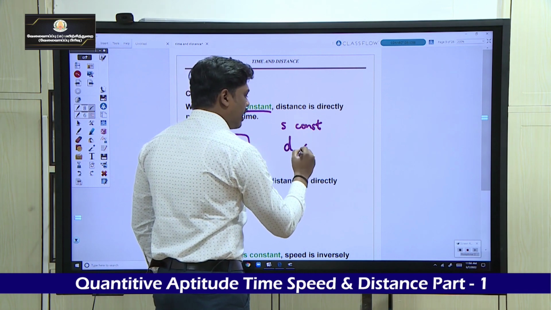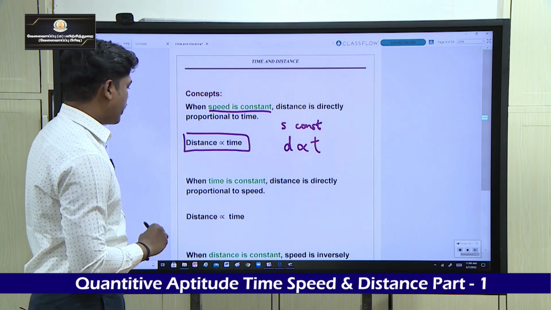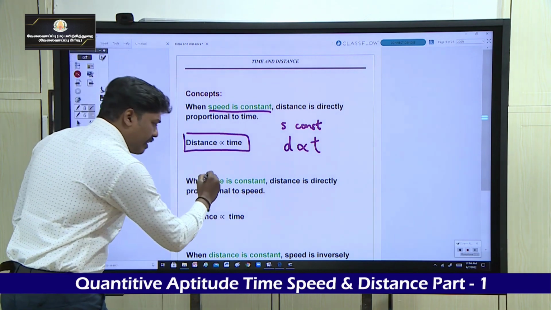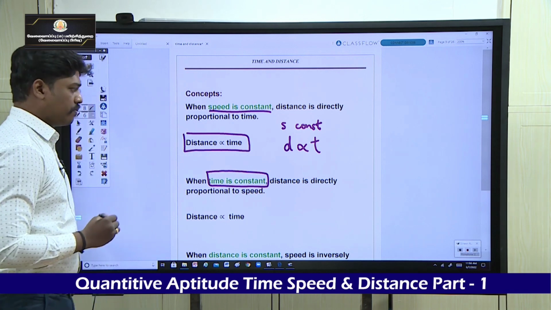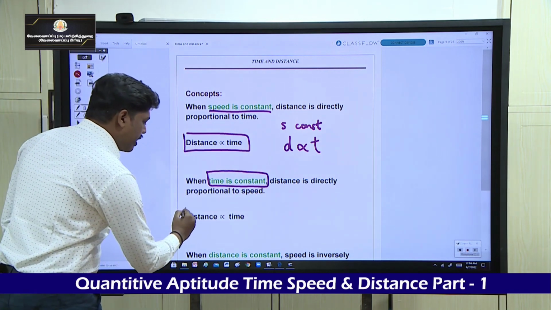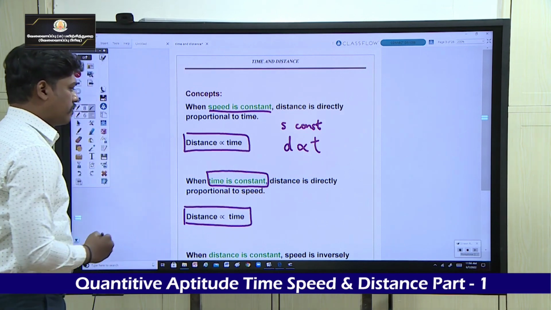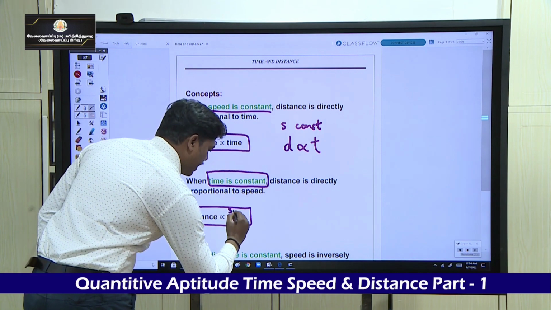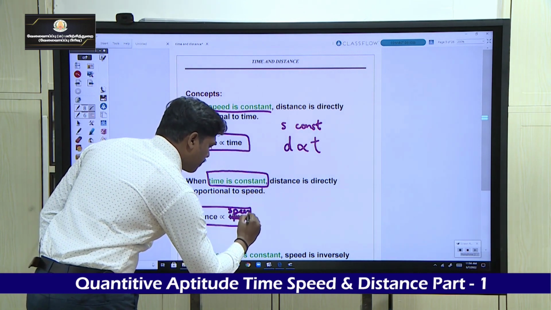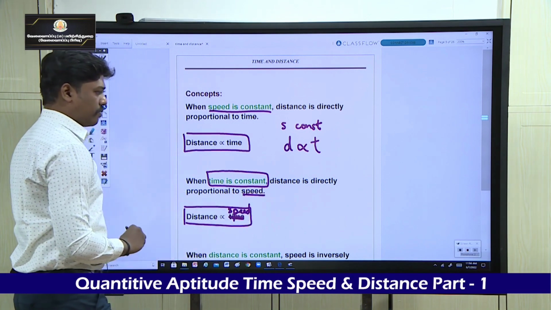Next, when time is constant, time is the same, so distance is directly proportional to speed.